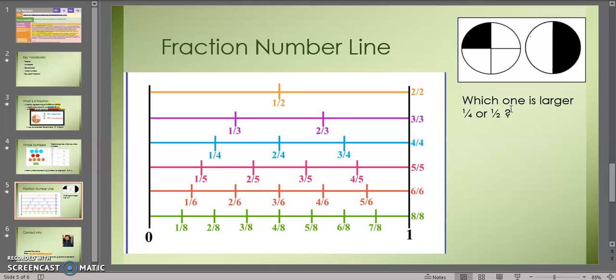However, if they see the image of 1/4, it is shaded less than 1/2. Using visuals to understand how to write math problems can help students understand which one is larger.